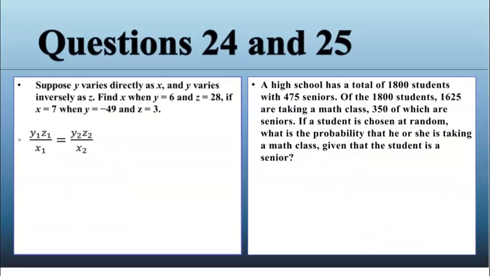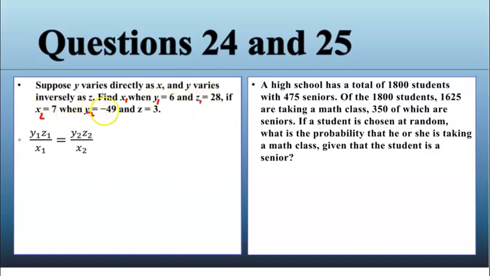24. Suppose y varies directly as x and varies inversely as z. Find x when y is 6 and z is 28, if x is 7 when y is -49 and z is 3. So here I have the formula that we're going to be using. So we need to find x1 when y1 and z1 are here.